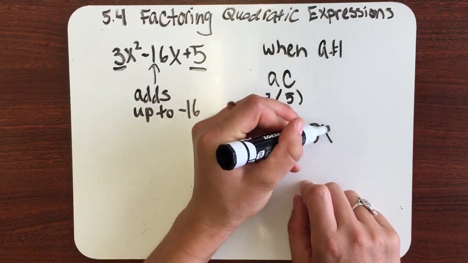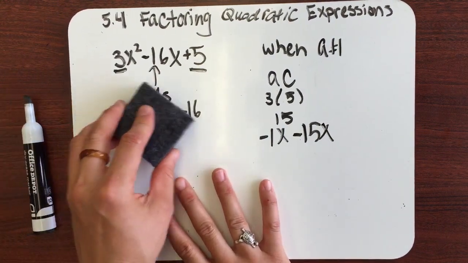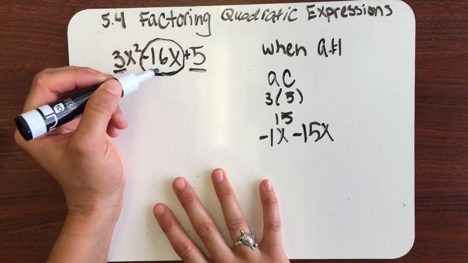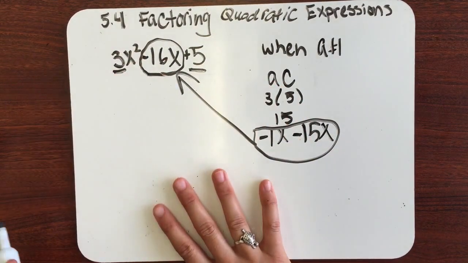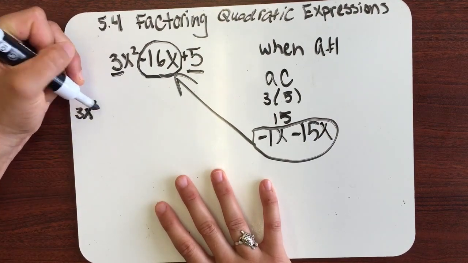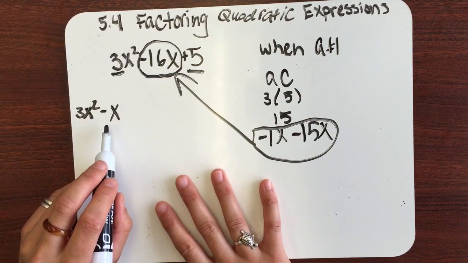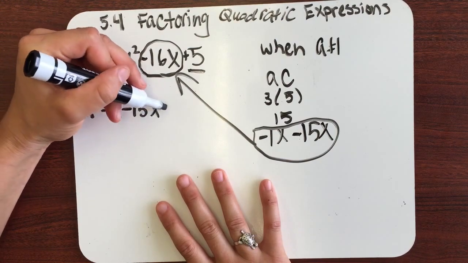So I'm going to just put x's here. So now what we're going to do is replace your bx term with all of this. So we have a 3x squared minus x, minus 1x is the same as minus x, minus 15x plus 5.